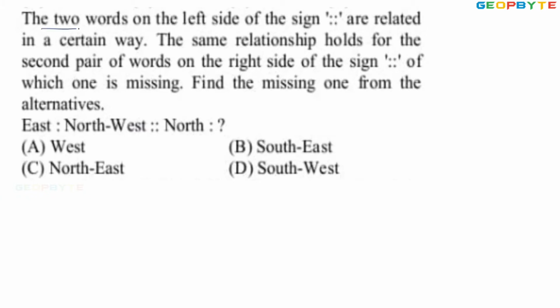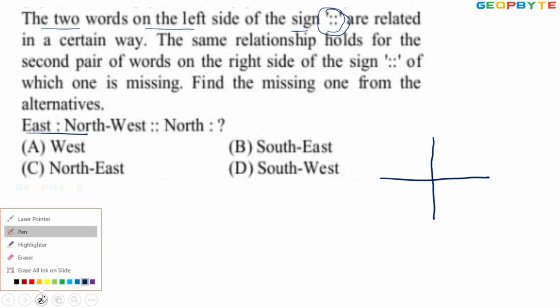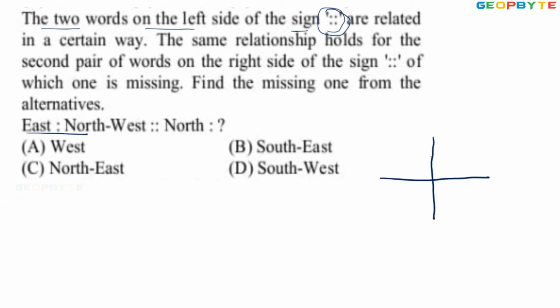Read the problem. The two words on the left side of the given sign, same analogy only. So here, look at east becomes northwest. First of all, directions: east, north, west, south. In between north and east, northeast. North and west, northwest.